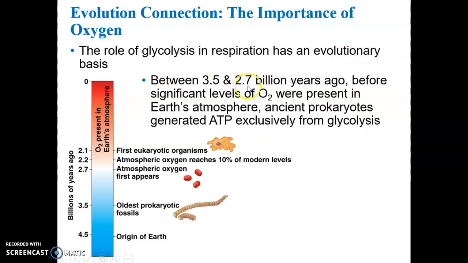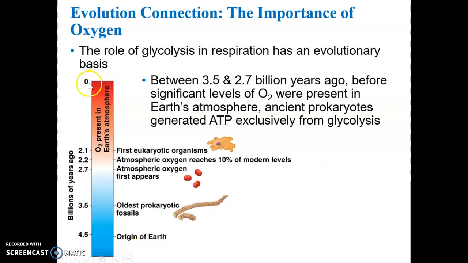About 3.5 to 2.7 billion years ago, before there was very much oxygen in the atmosphere, the ancient prokaryotic organisms, remember a prokaryotic organism is a single-celled organism like a bacterium that has no nucleus, cannot be more than a single cell. They generated ATP simply from glycolysis and anaerobic respiration.